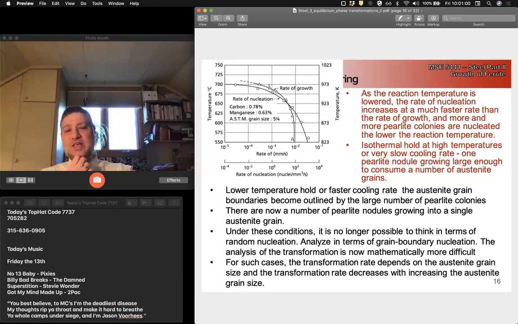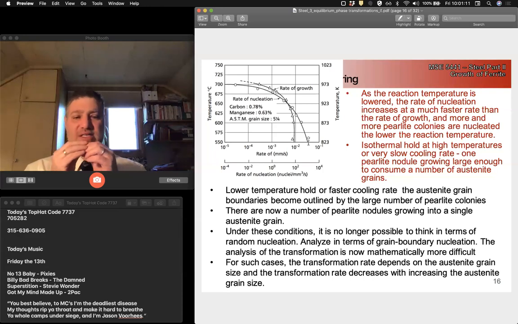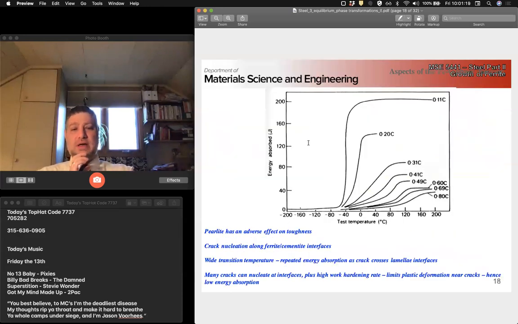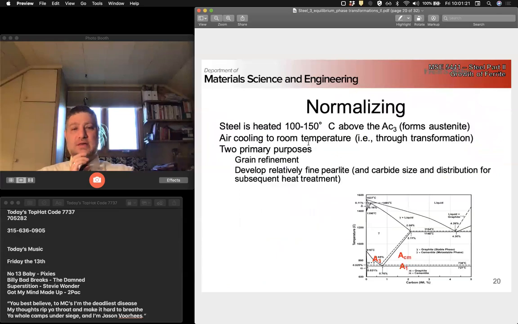So when growth is faster than nucleation, we're going to get very large perlite colonies. When nucleation is faster than growth, we're going to get lots of very small ones. Right. And so that's what I wanted to talk about with perlite.